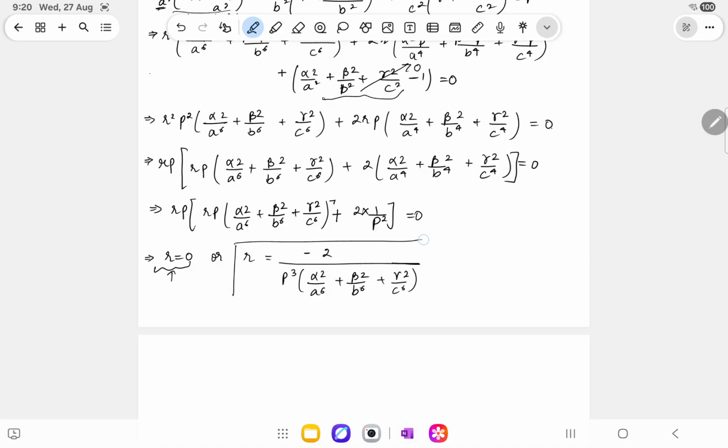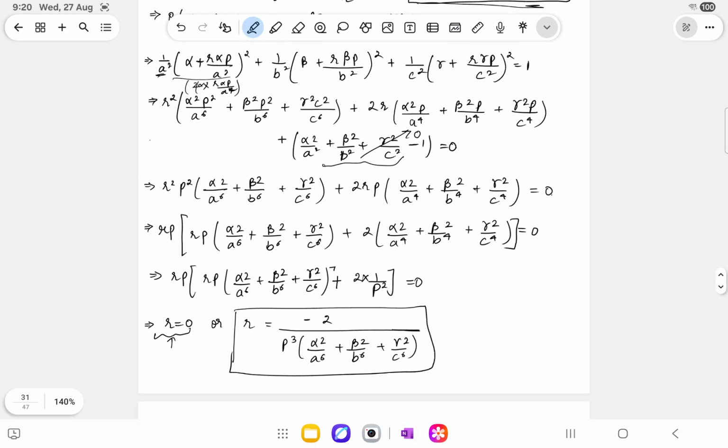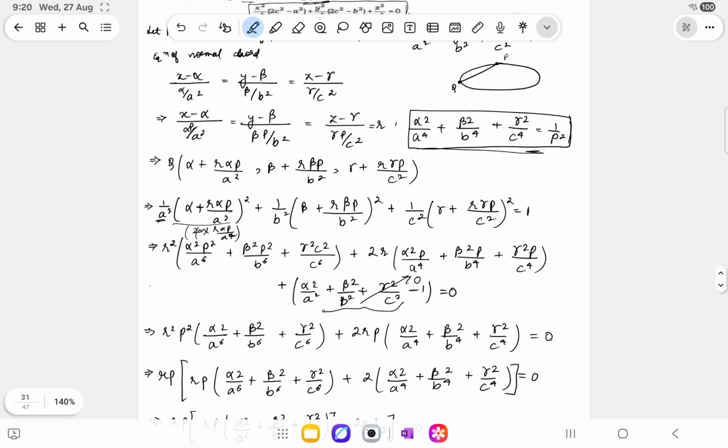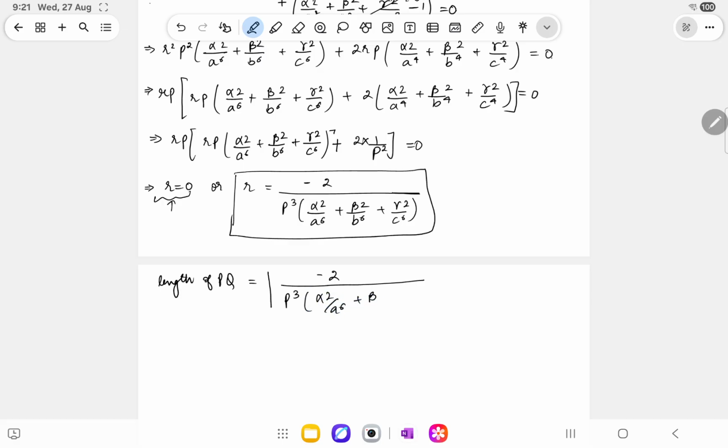So my r will be minus 2 upon p cube into alpha square upon a raised 6 plus beta square upon b raised 6 plus gamma square upon c raised 6, and I have assumed r as the distance between P and Q. So the length of PQ is, I'll take the modulus of it because length cannot be negative, 2 upon p cube into alpha square by a raised 6 plus beta square by b raised 6 plus gamma square by c raised 6. So this is my length PQ.